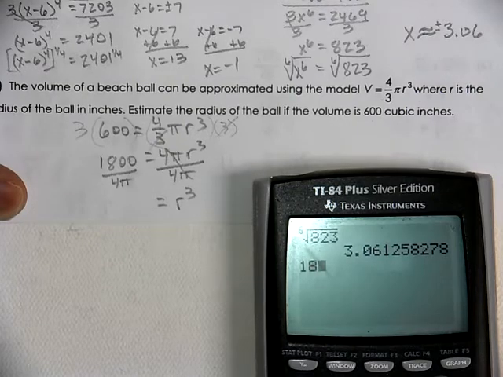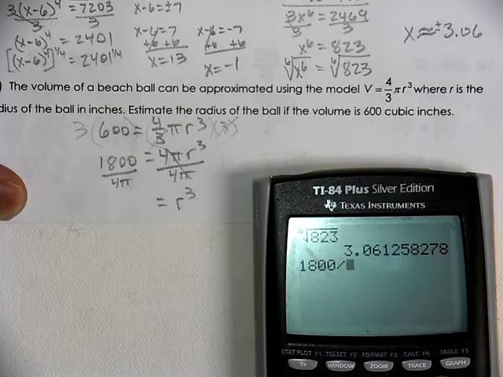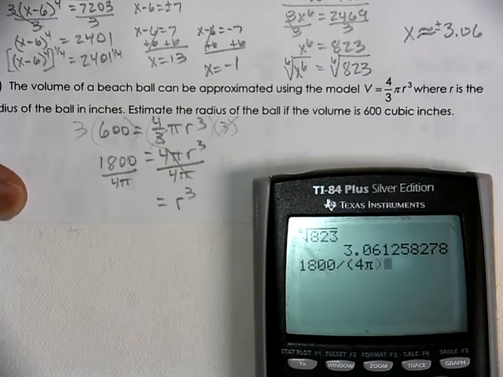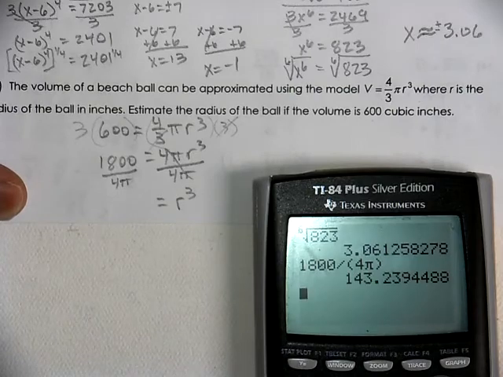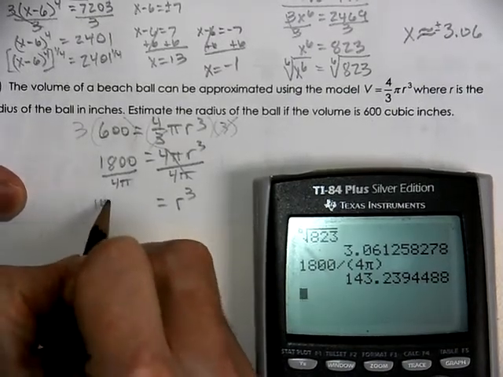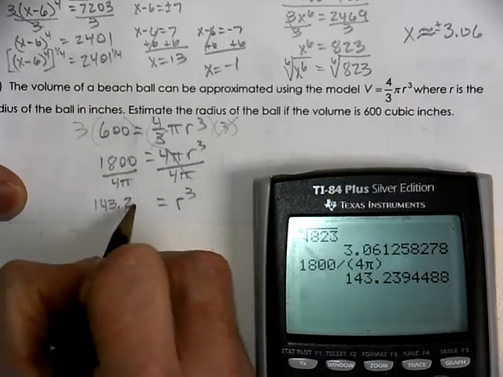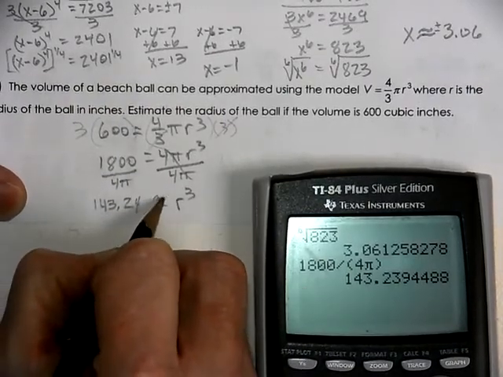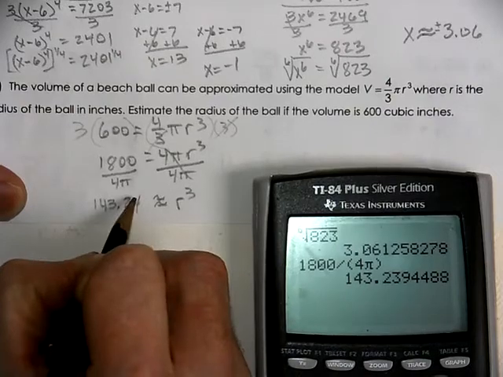Because when we take 1,800 and we divide that by 4 pi, the 4 pi has to be in parentheses. So that's 143.24. That's an approximated answer.